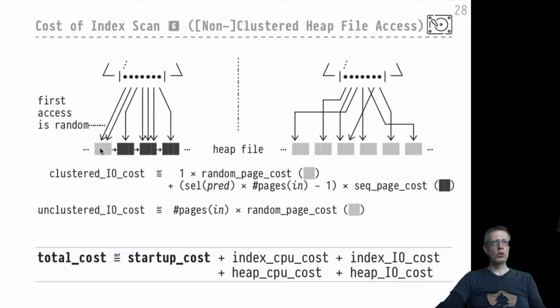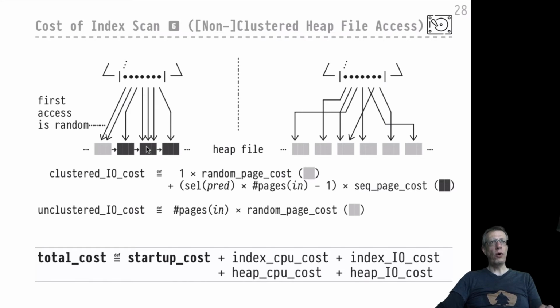So that would incur a one-time random page cost. From then on, we would follow further references during our index leaf level scan, but they will hit sequential pages inside our heap file. If we are lucky, multiple such references will even lead to the same heap file page.